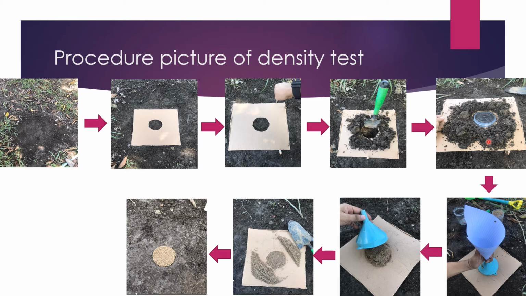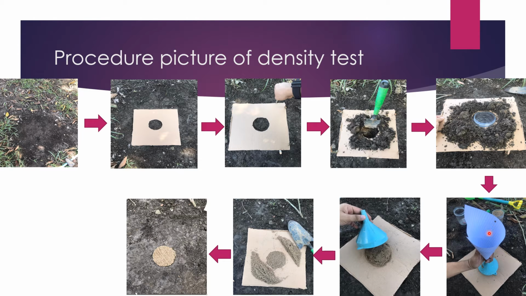The loose soil that we excavated needs to be carefully collected in a container, and the loose soil is weighed. Then this is the apparatus that I have, the sand pouring cylinder. This is the sand pouring cylinder.